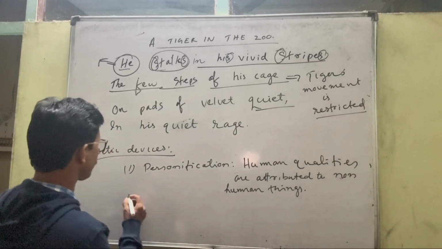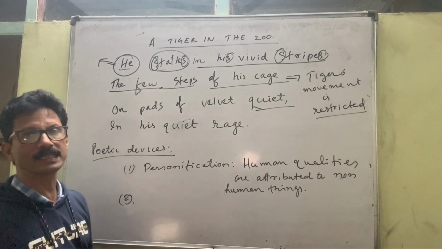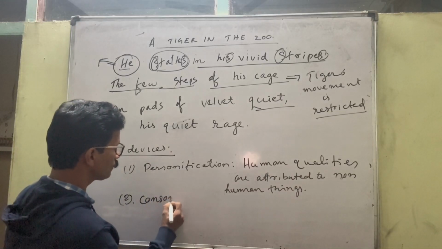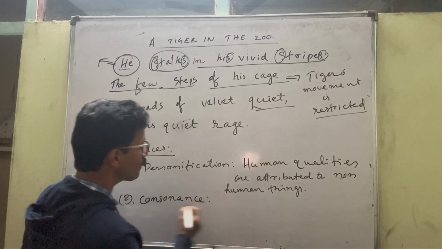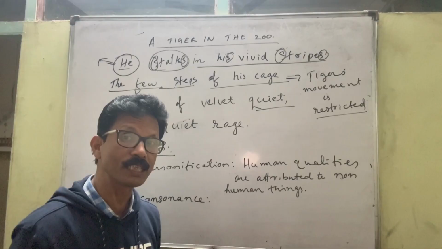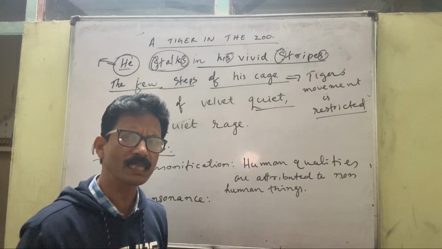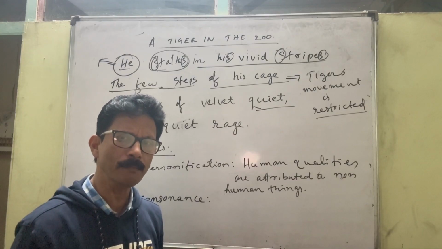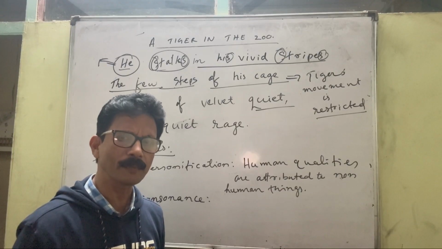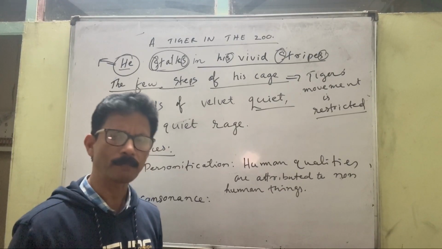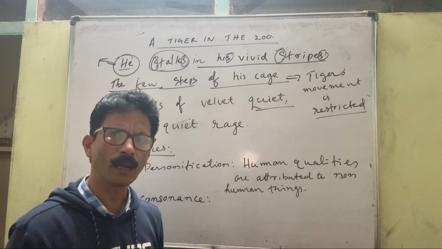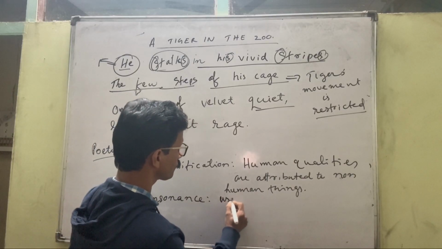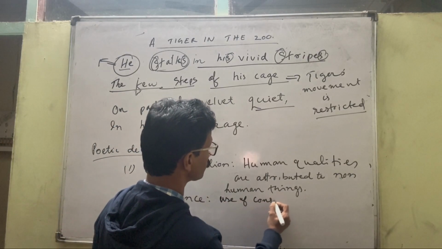And the second one, what is the second one? The second one is consonance. Consonance is the second poetic device that you will see in this stanza. What is consonance? Consonance means use of the same consonant letter several times in closely placed words.